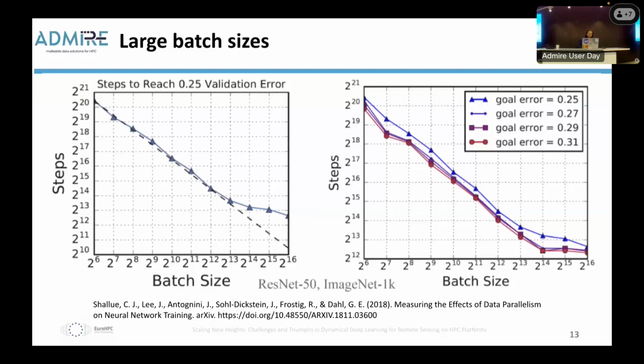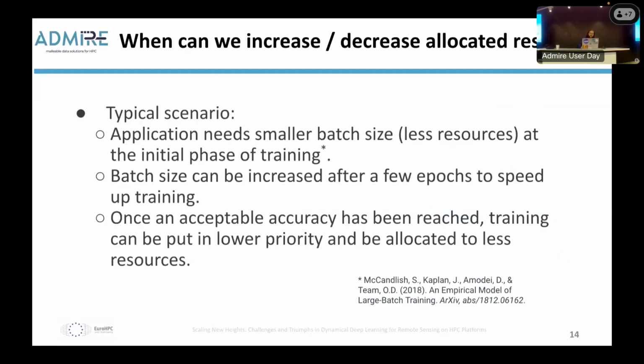But again, it also depends on the specific scientific problem you're trying to solve. So we have this upper bound on the batch size, and the lower bound is that a smaller batch size means very long trainings.